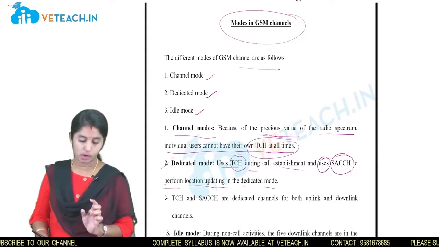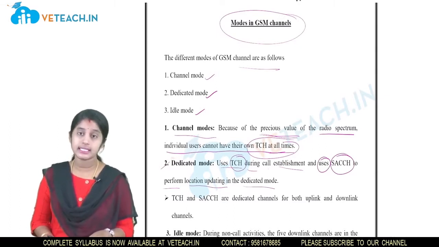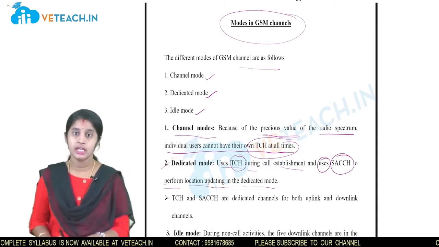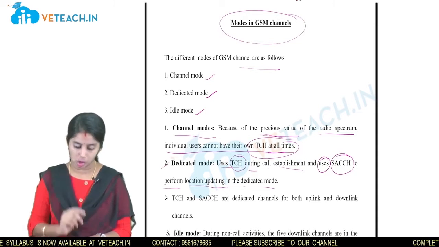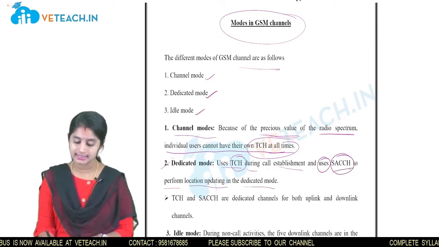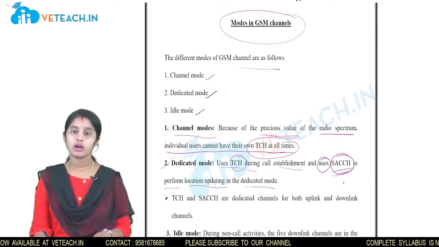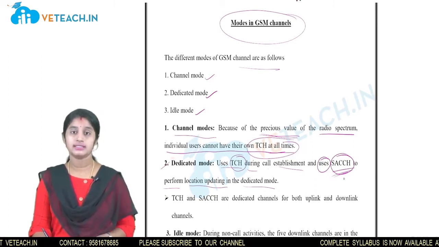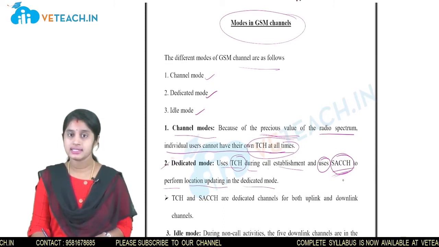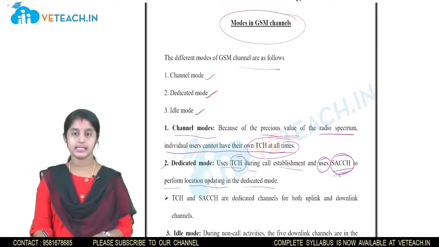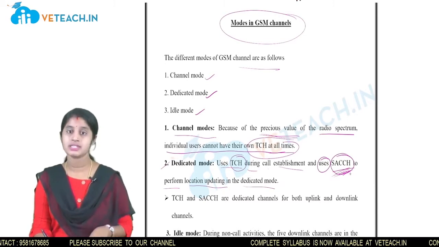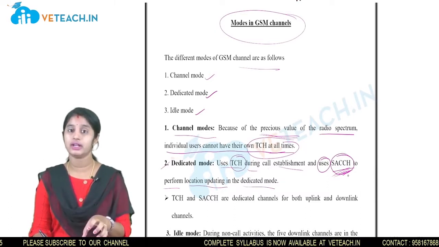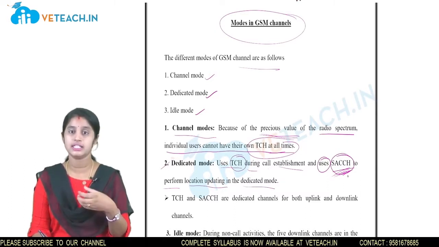Clearly observe the point: the dedicated mode uses one transmission channel during the establishment of a call, and it uses SACCH to perform local updating. So what is this SACCH? SACCH is a channel that provides communication between one user and another user, and it is one type of channel which we discussed in earlier topics.